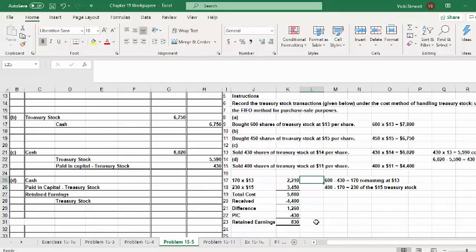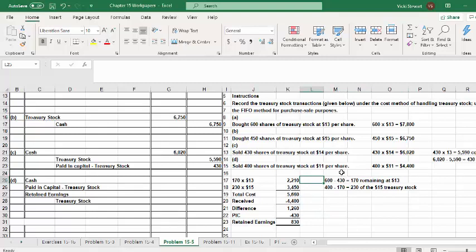Part D states that we sold 400 shares of treasury stock at $11 per share. So the total proceeds for the sale is 400 shares times $11, or $4,400. To determine the cost of the 400 shares, we're first going to take the remaining shares from the first 600 that we bought.